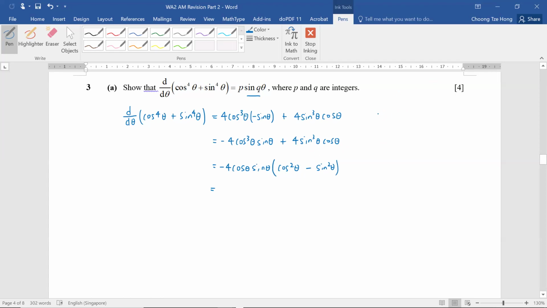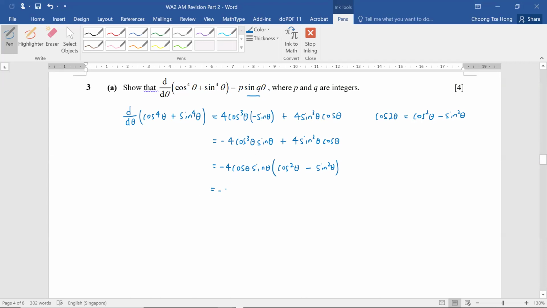The double angle formula for cosine has three forms, but in this case we apply the first form: cos 2θ equals cos²θ minus sin²θ. Then whenever you see cosθ sinθ, you should be thinking about the double angle formula for sine.